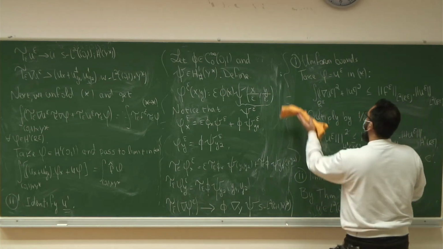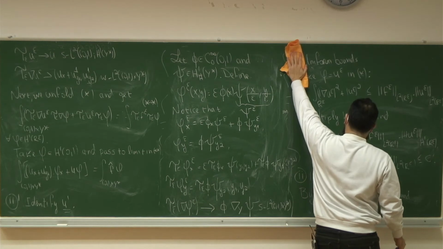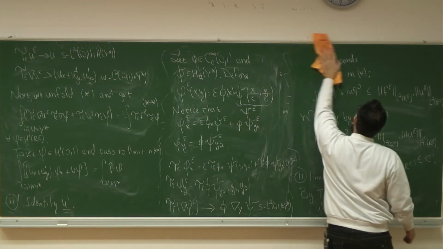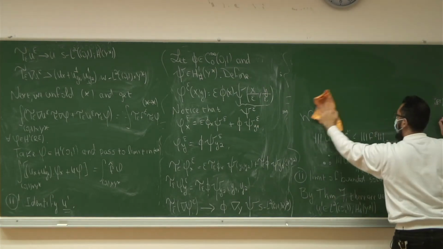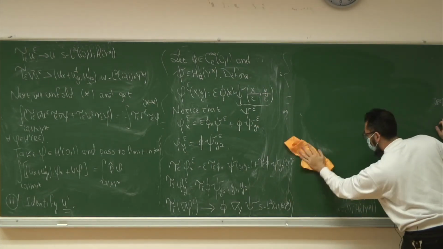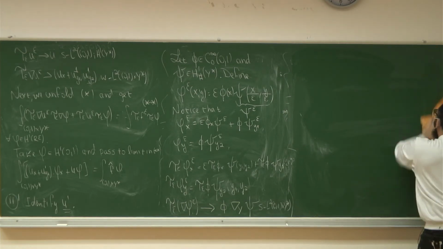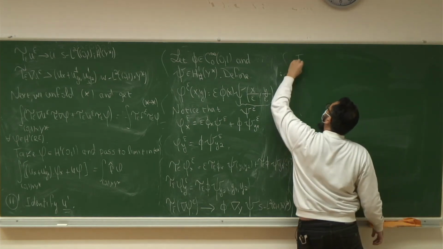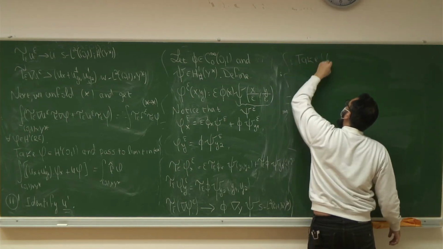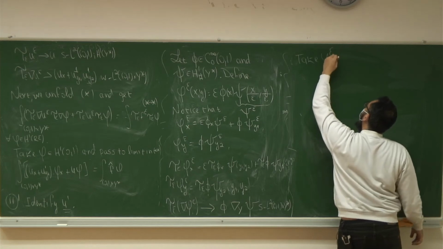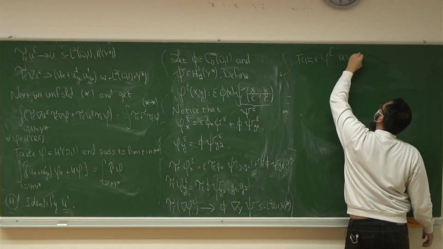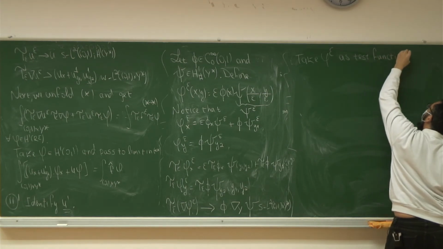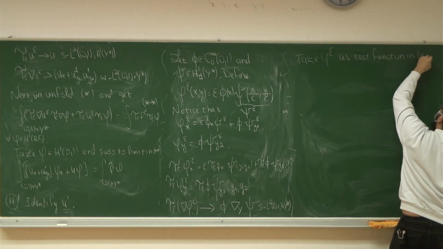So once we establish these convergence properties, now take this phi epsilon as test function in the two-star problem.